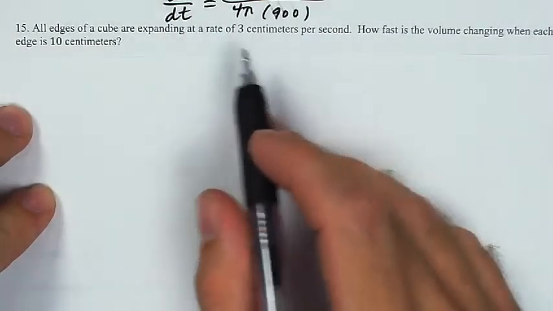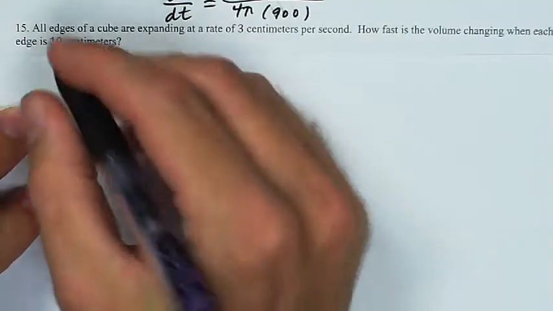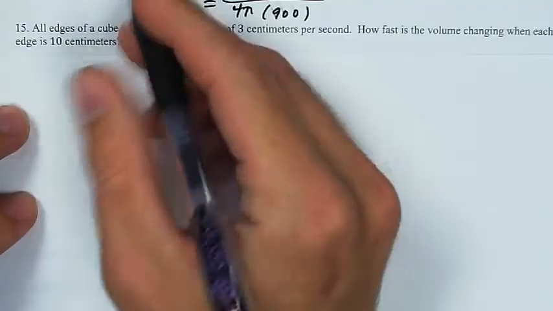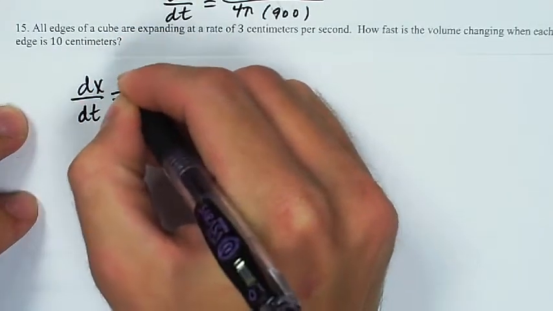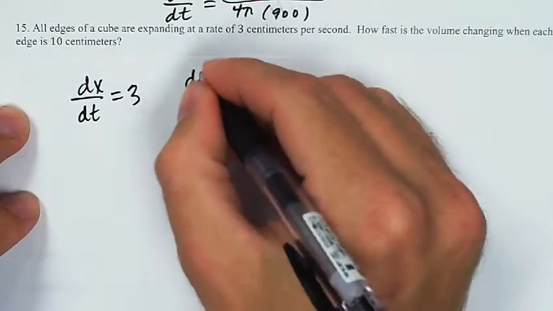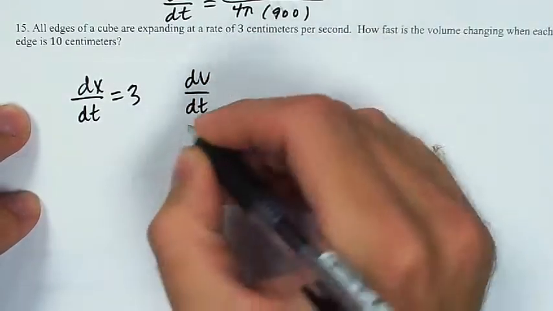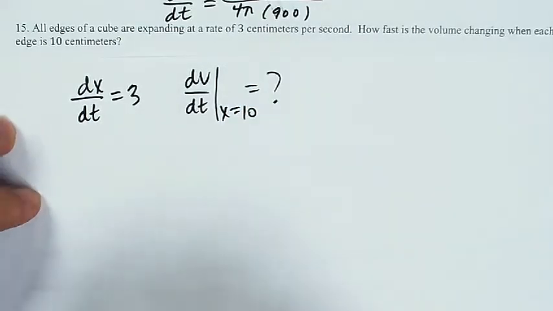In general, I just call the edge of the cube x. So dx/dt is positive 3 because expanding is getting bigger. How fast is the volume changing? dV/dt is what I'm hoping to find when each edge is 10. That's what I'm looking for.